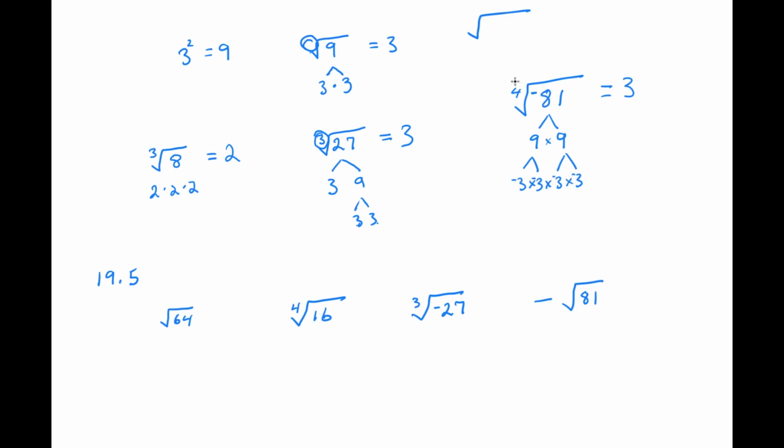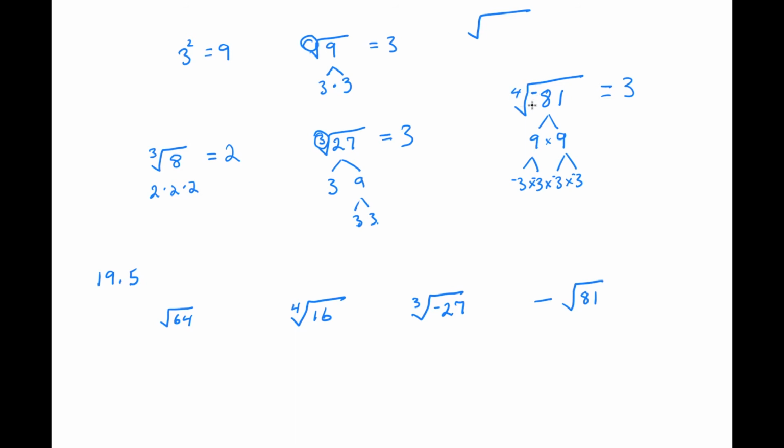Whenever it's an even index number, you cannot have a negative here, because there is no negative number that you multiply by itself an even number of times that will give you a negative product. It will always be positive if this is even. If you get a negative number to find a root of, then there's something wrong.